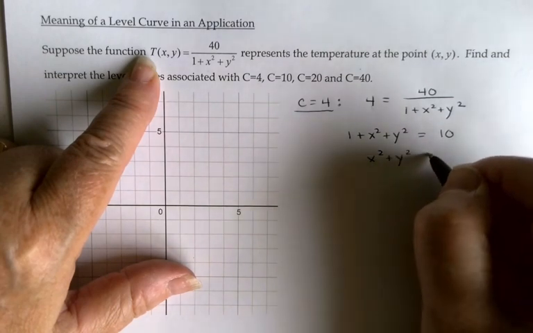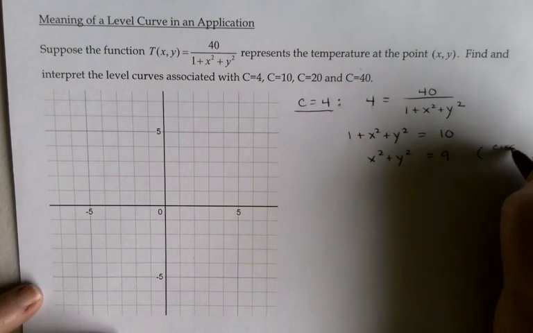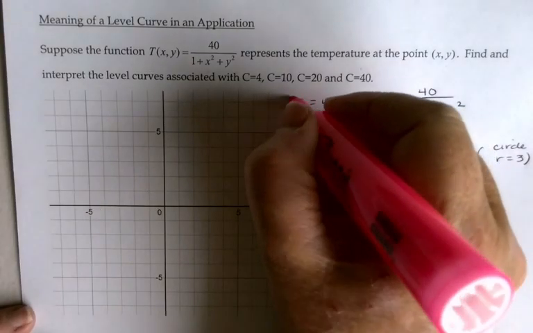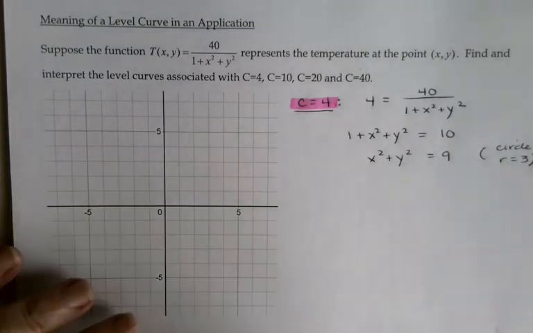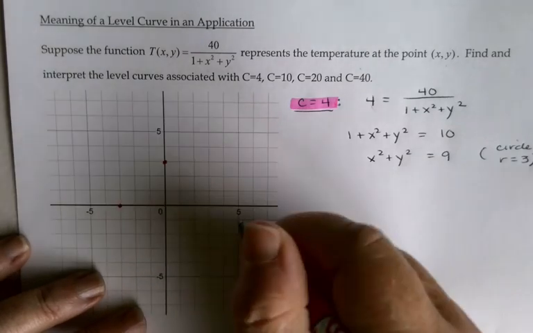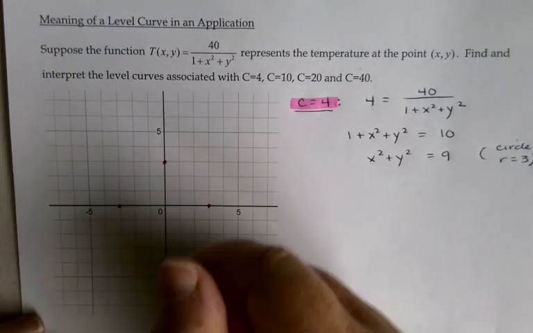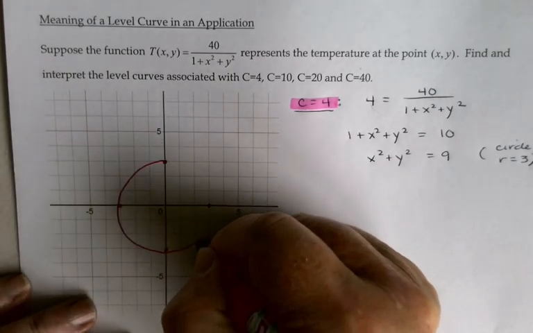So I'd have x squared plus y squared equals 9, or a circle of radius 3. So I'm going to go ahead and color code here. I'm going to do that one in pink. Circle of radius 3 is my level curve.